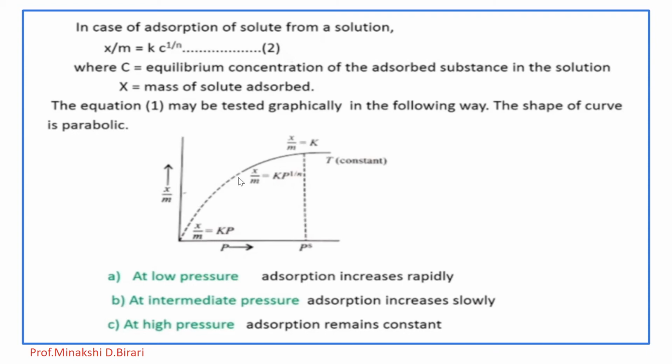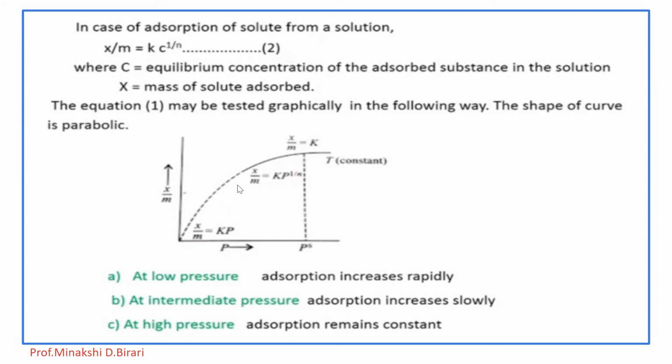Then at intermediate pressure, x/m is proportional to p^(1/n), and at higher pressure, a limiting value of x/m is reached, that is x/m = k. Thus, the curve has approximately parabolic shape.